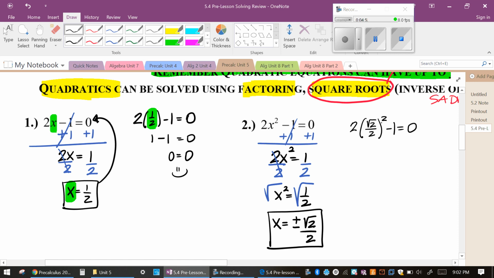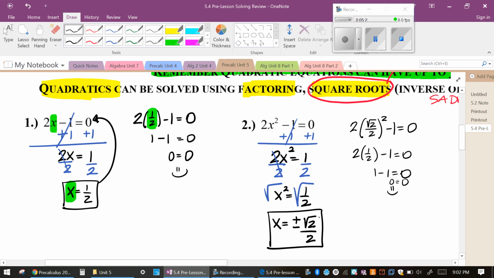Two times root 2 over 2 squared, so root 2 over 2 squared would be root 2 over 2 times root 2 over 2, which is 2 over 4, which is a half. You can technically just put this in your calculator if you want to check it. 2 times a half minus 1 does in fact equal 0.